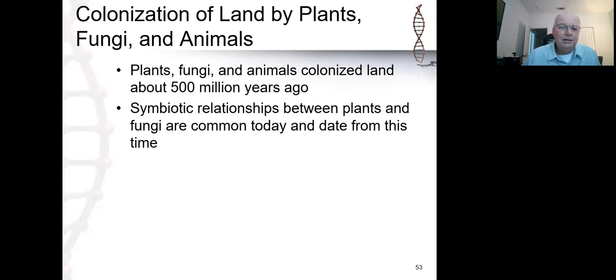Then eventually the ancestors of amphibians would start to move on to dry land because they have adaptations in the form of primitive limbs that had evolved from fish fins, and we'll talk more about that in chapters 32 and 33, and to some degree in 34 as well, that allowed them to support their body weight out of water.